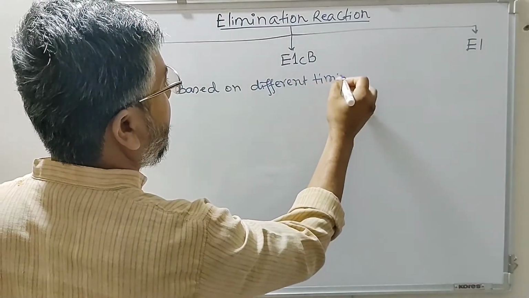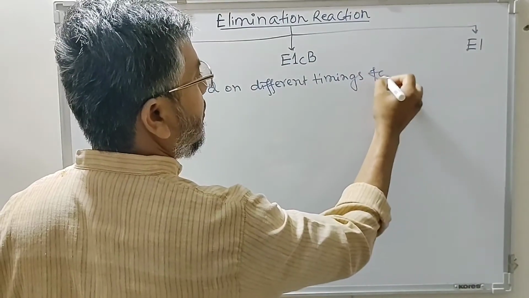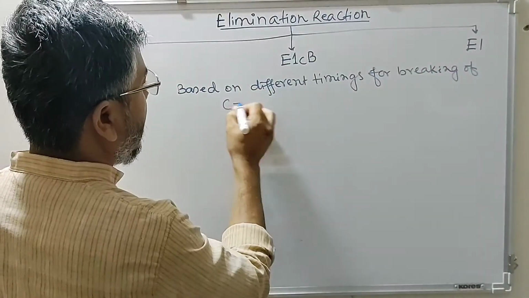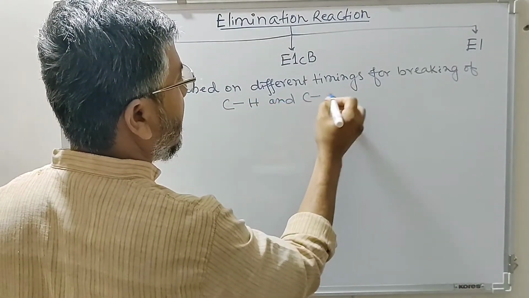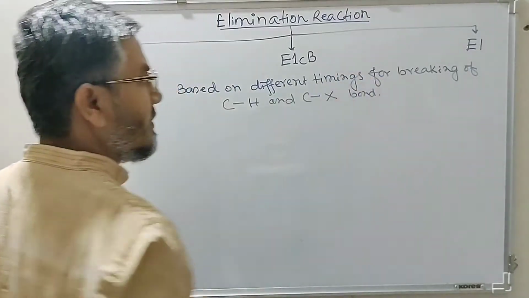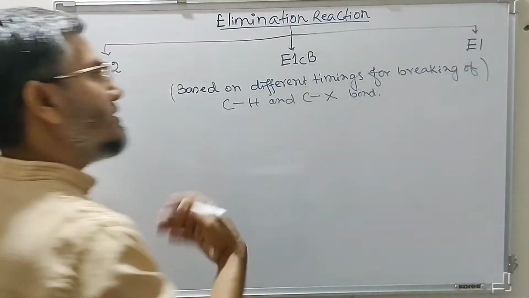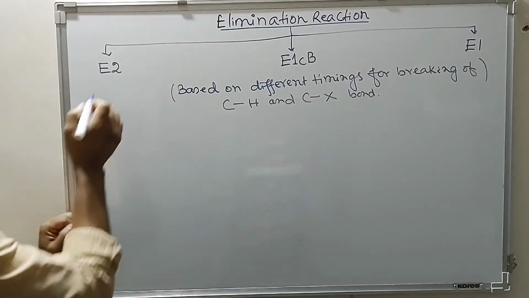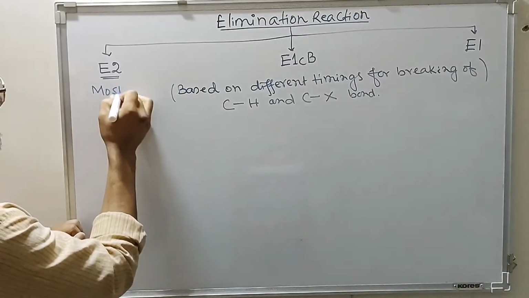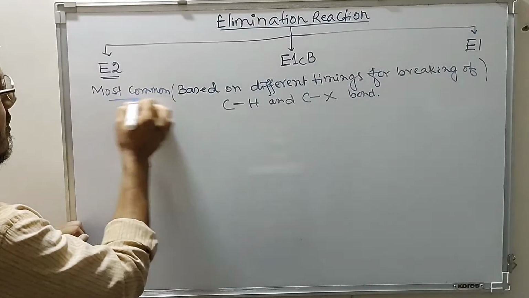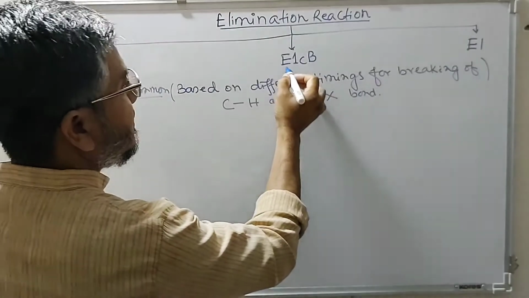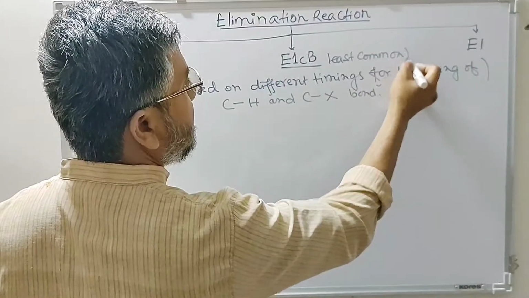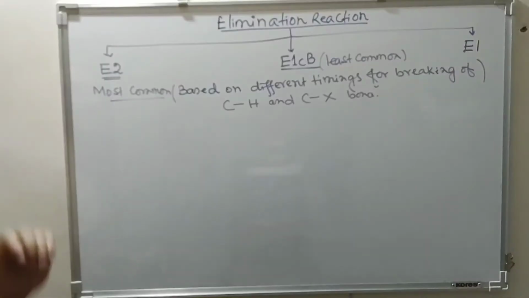Now, out of these three mechanisms, the most common mode of elimination given by alkyl halides is the E2 pathway, and the E1CB pathway is the least common, and E1 is in between E1CB and E2.